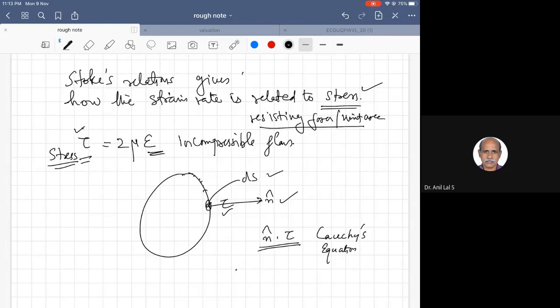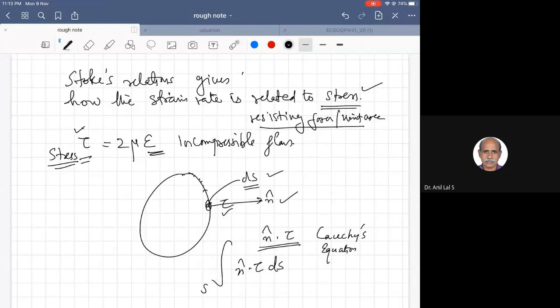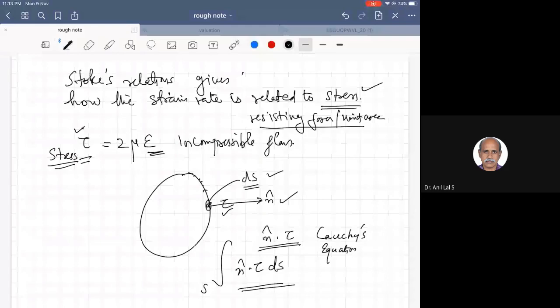Stress vector times dS gives the force vector, the resisting force on dS, and integrating over the entire bounding surface of the system gives the total force acting on the system boundary due to viscous stresses. So this is the additional term which Navier has considered for developing the Navier-Stokes equation.